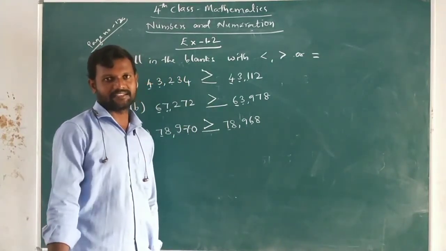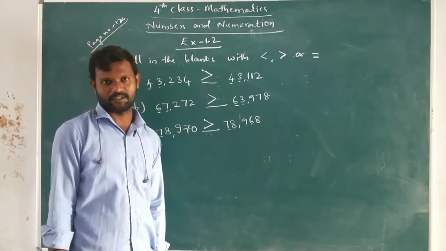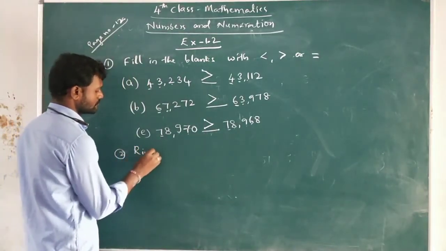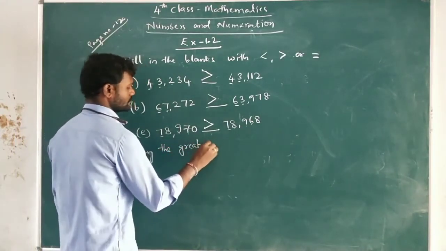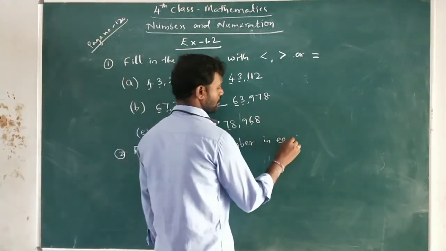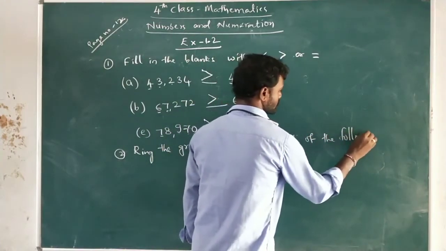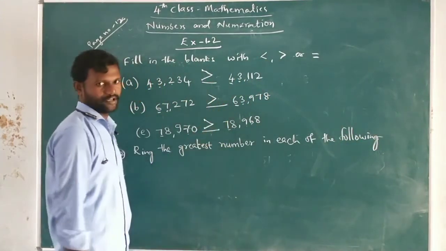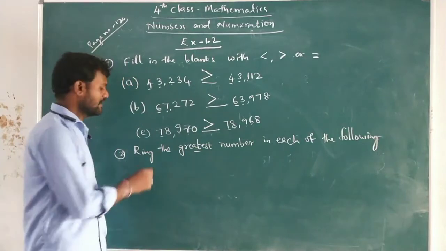Now the second bit is given. What is the second bit? Ring the greatest number in each of the following. So greatest number means the larger number you have to identify and ring it.